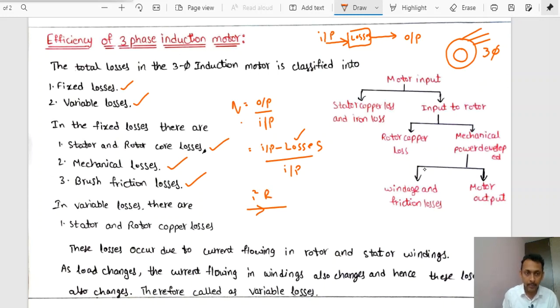That is the reason why we have stator and rotor copper losses as variable losses. These losses are variable in nature because if any change in load is there, obviously the current drawn by the machine will change. Once the current drawn changes, I square R will change. So these losses will be variable, or depend upon the load. If load changes, I square R losses also will change. But whereas stator and rotor core losses, mechanical losses and brush friction losses will be constant, right?